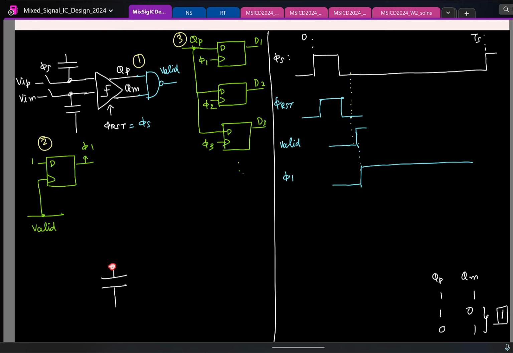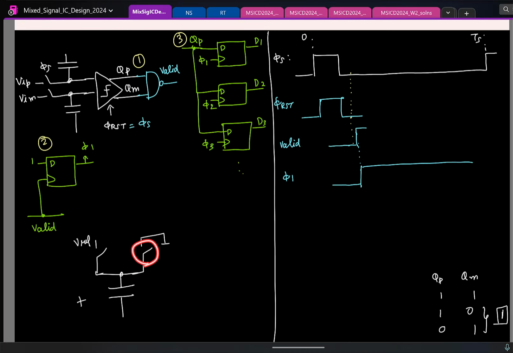So what do you put here? You put a couple of switches. Just to remind, this is the positive side capacitor. So I have 2 switches, one connecting to VREF, one to ground. Now remember the logic says I connect the capacitor in the positive side to ground when the first comparison is over and when D1 is high.